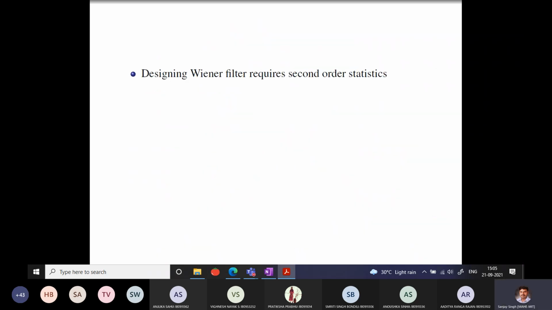This is what it means. Now, designing the Wiener filter requires second order statistics. So correlation should be there with us, cross correlation should be there with us. It is required, which is always not possible to have, right?